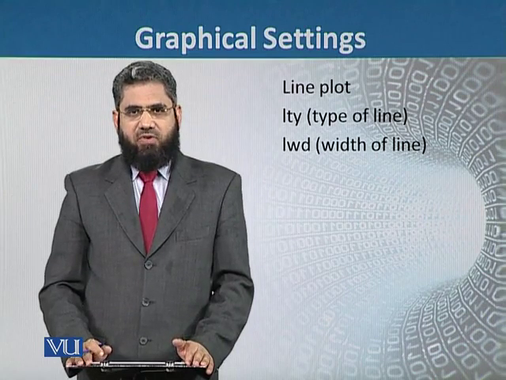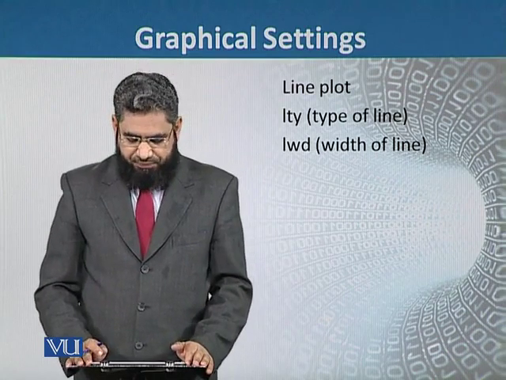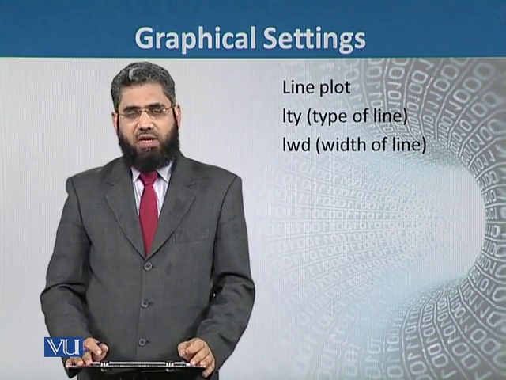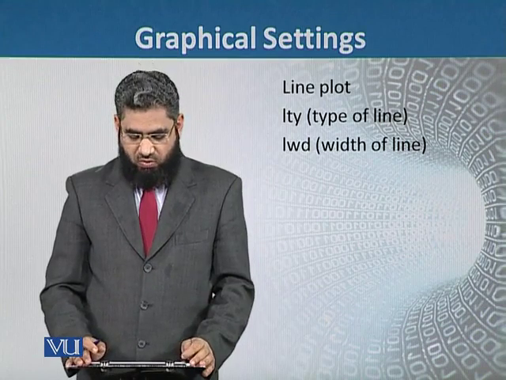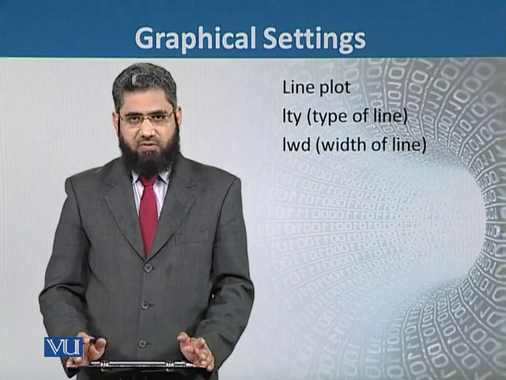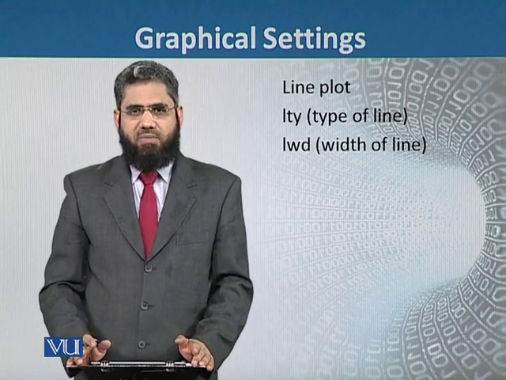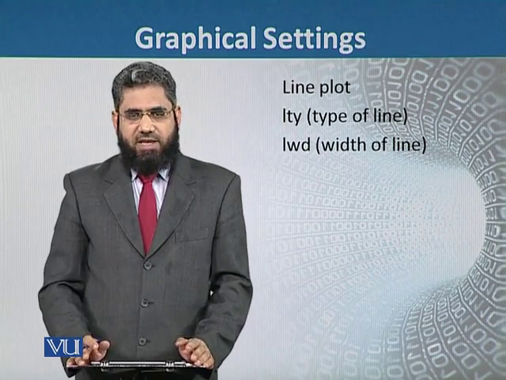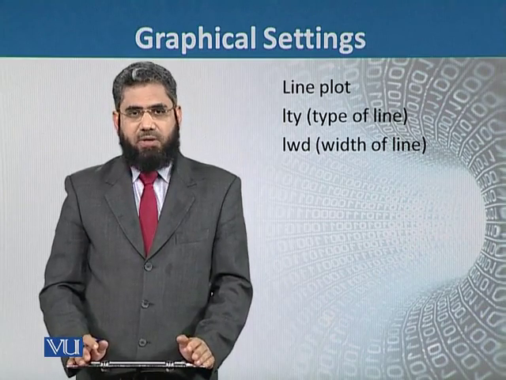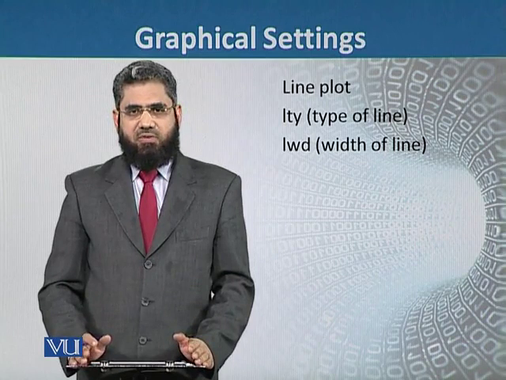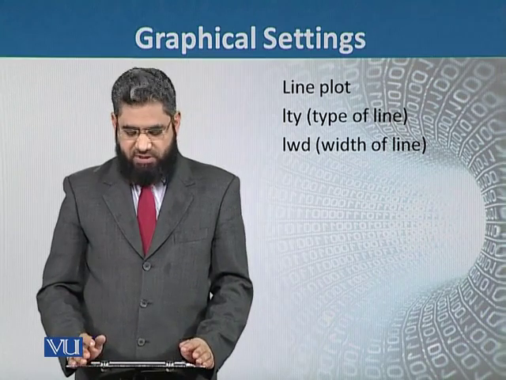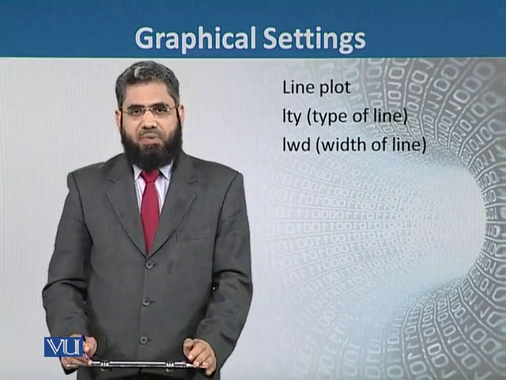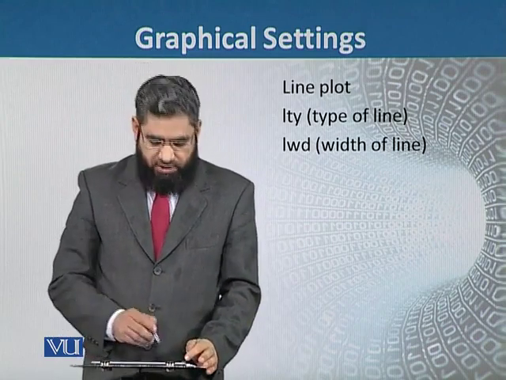For example, if we have a line plot, then we can change the type of the line and the width of the line by using the arguments lty and lwd. lty means line type: l for line plot and ty for type of the line. The second argument is lwd, where l is for line and wd means the width of the line. We can use these two arguments to change the style of the line.